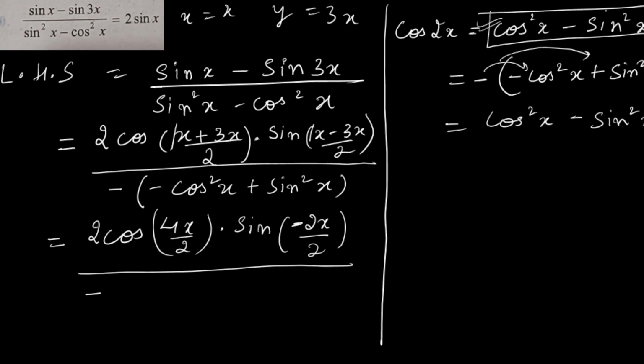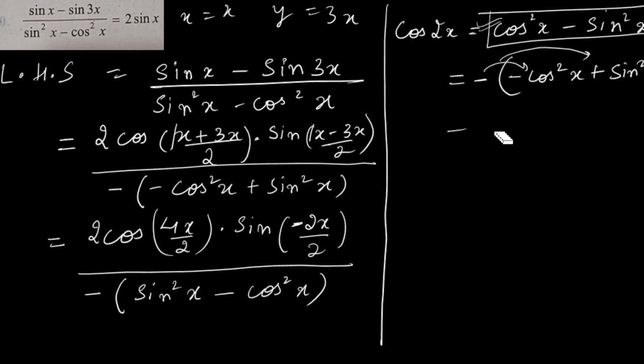Here this expression I can write like this. I am just doing the rearrangement. I am writing it as sin square x minus cos square x. Nothing I have done, I have just done the rearrangement. With cos square I have minus sign, with sin square, positive sign. So I have just done rearrangement, minus I have taken out.